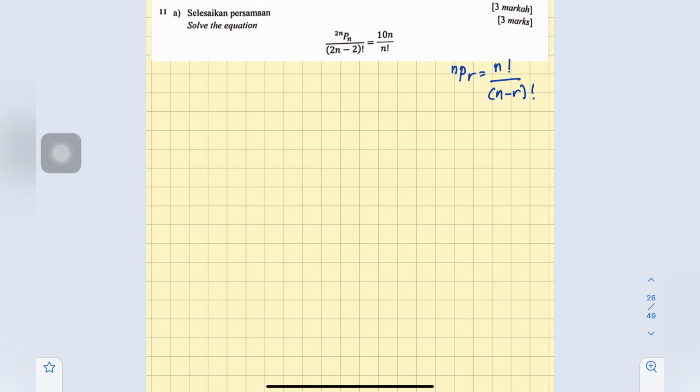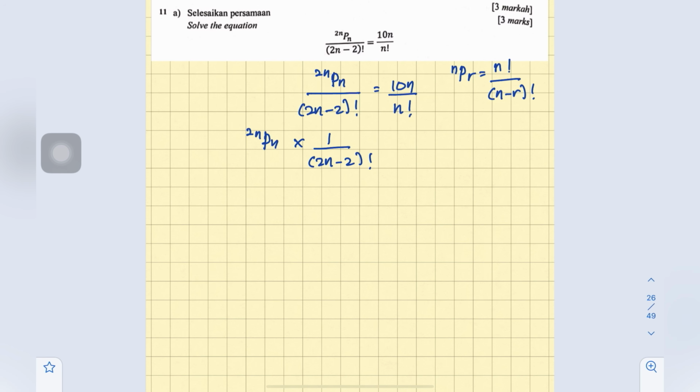So we start with 2n Pn over 2n minus 2 factorial equals 10n over n factorial. Let's separate it first: 2n Pn times 1 over 2n minus 2 factorial equals 10n over n factorial.